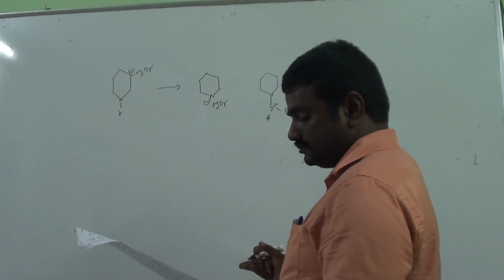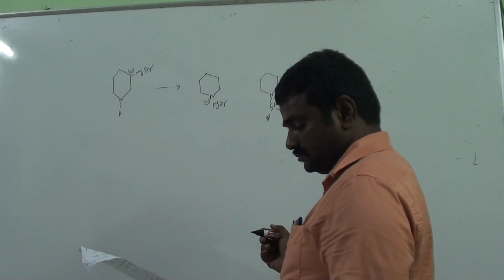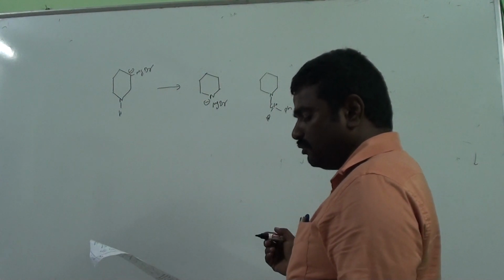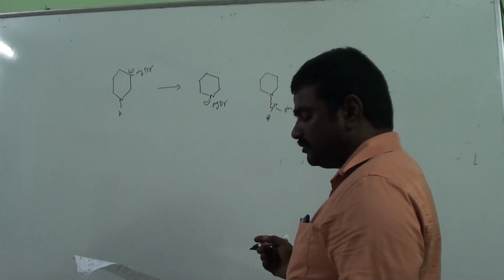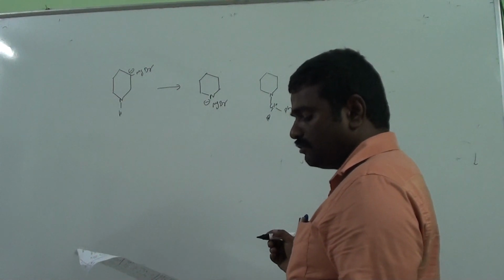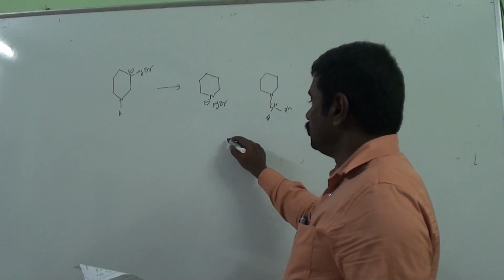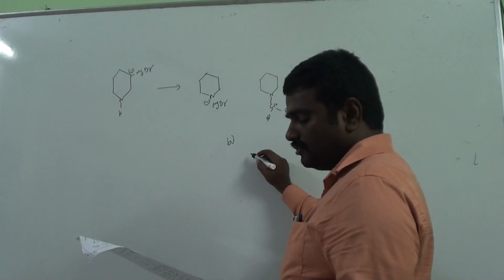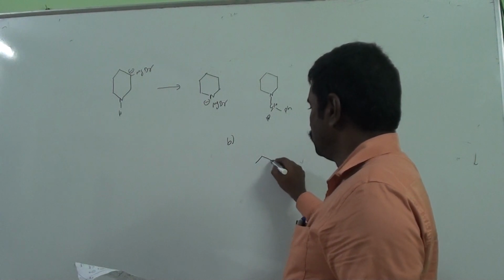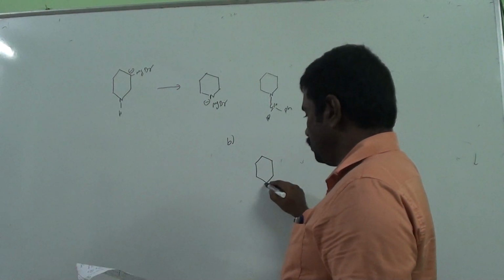Ester also. Moreover, in H3O plus the hydrolysis will all be there. The new ester will form. So many side reactions will be there. So B is also false. What's the reason B is false? Can you tell? Ester. Yeah.